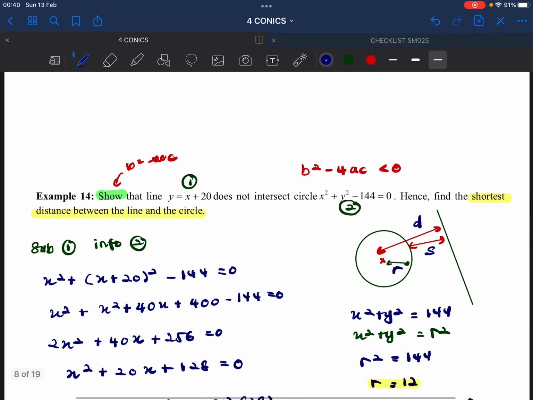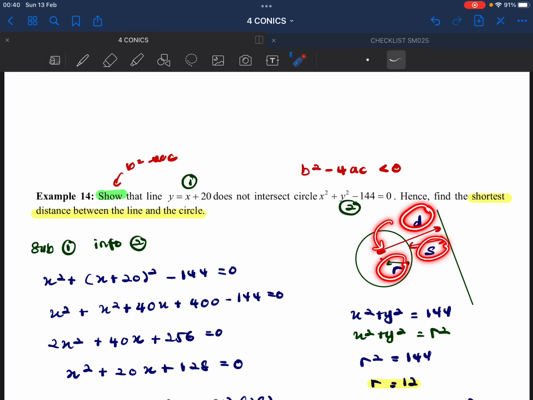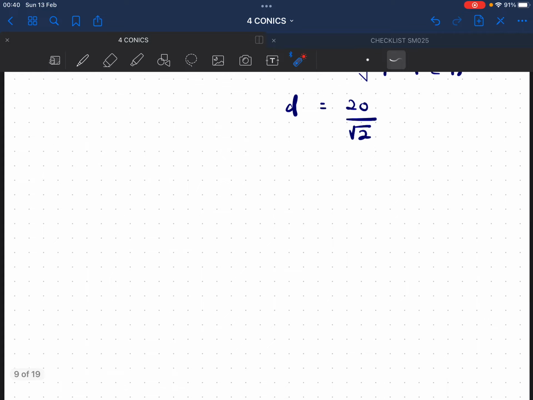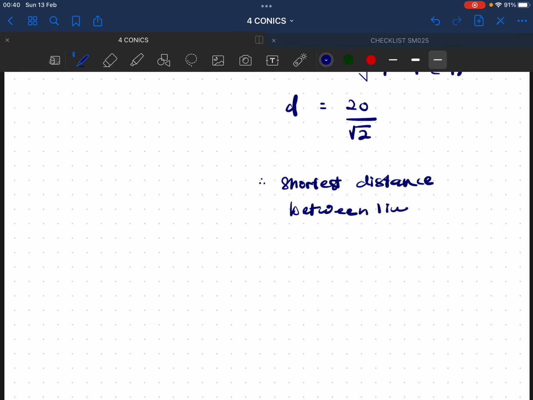So we have the d here and we have the r here, so to find s, it is d minus r. The shortest distance between the line and circle, which we call s, equals d minus r.